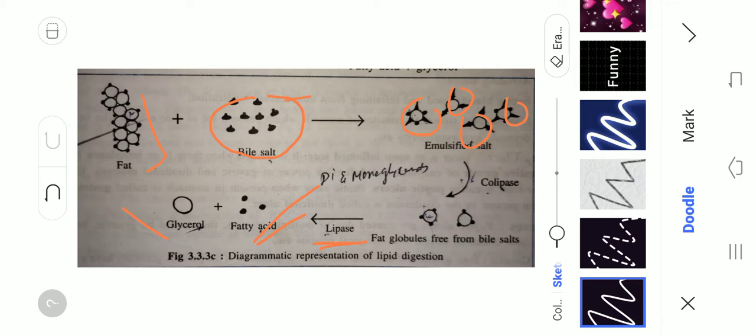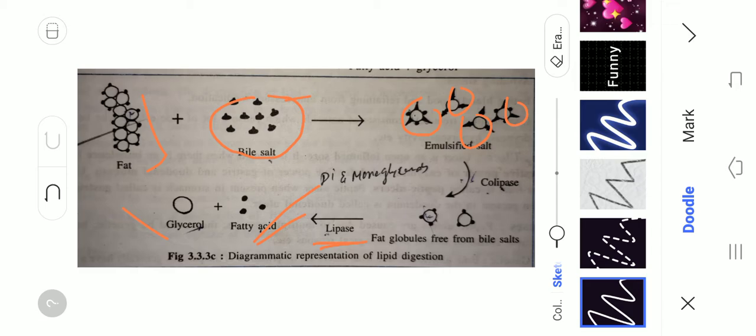Then a lipid molecule breaks down to give the end products called fatty acids and glycerol. So in this way, the complete digestion of food molecules takes place.